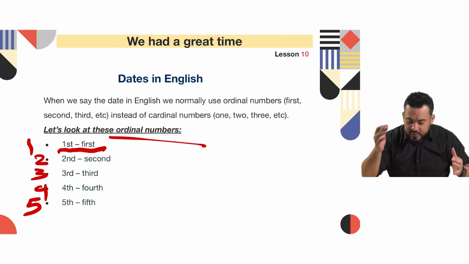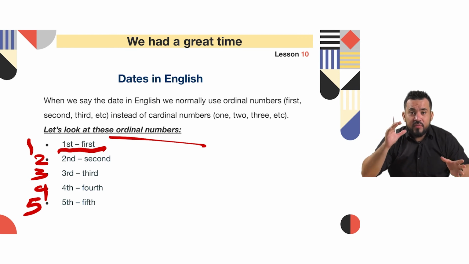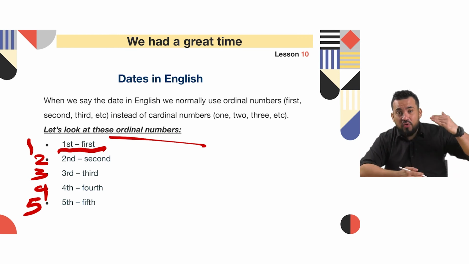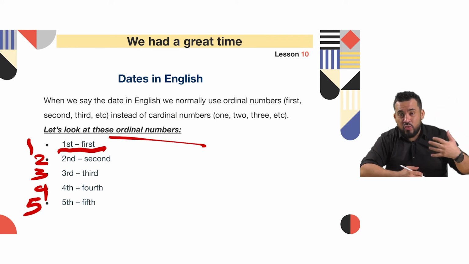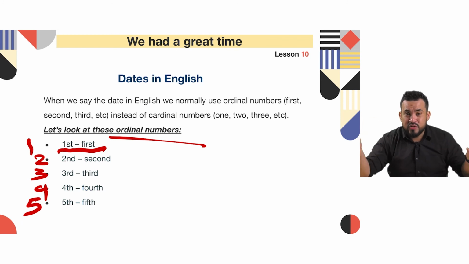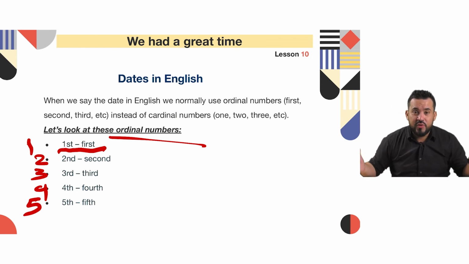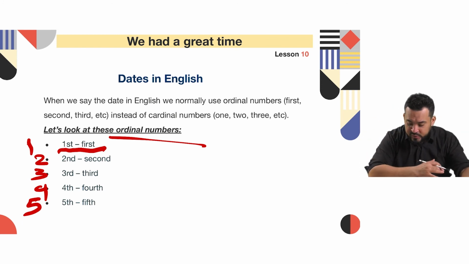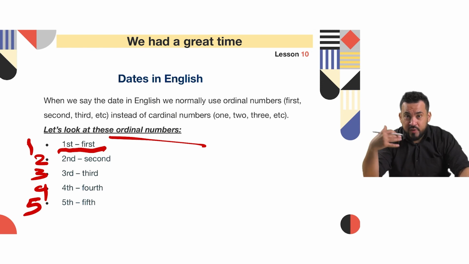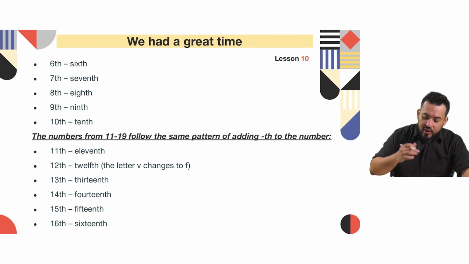Also for dates or for things like which floor do you live on, we use ordinal numbers. We don't use cardinal numbers. Cardinal numbers are the regular numbers, the 1, 2, 3, 4. Those are called cardinal numbers. We use ordinal numbers for that function.